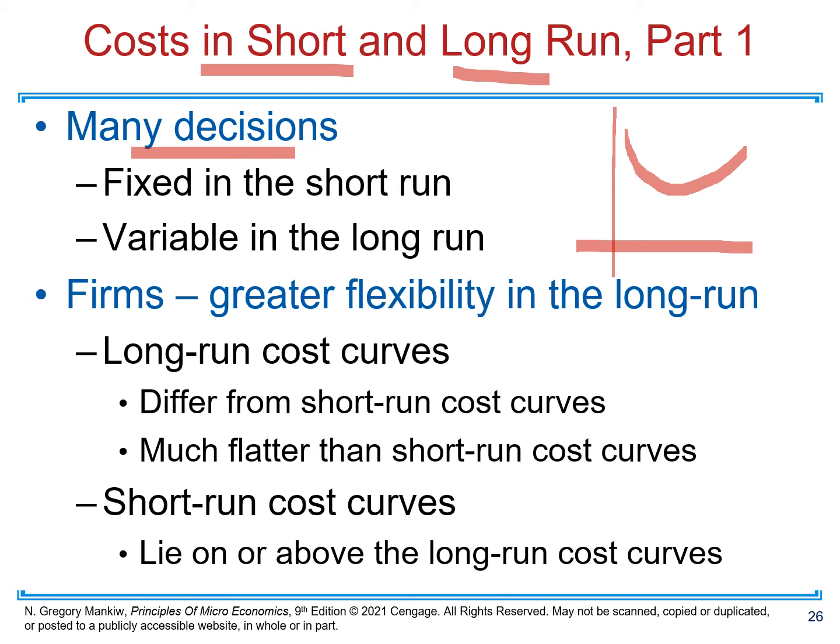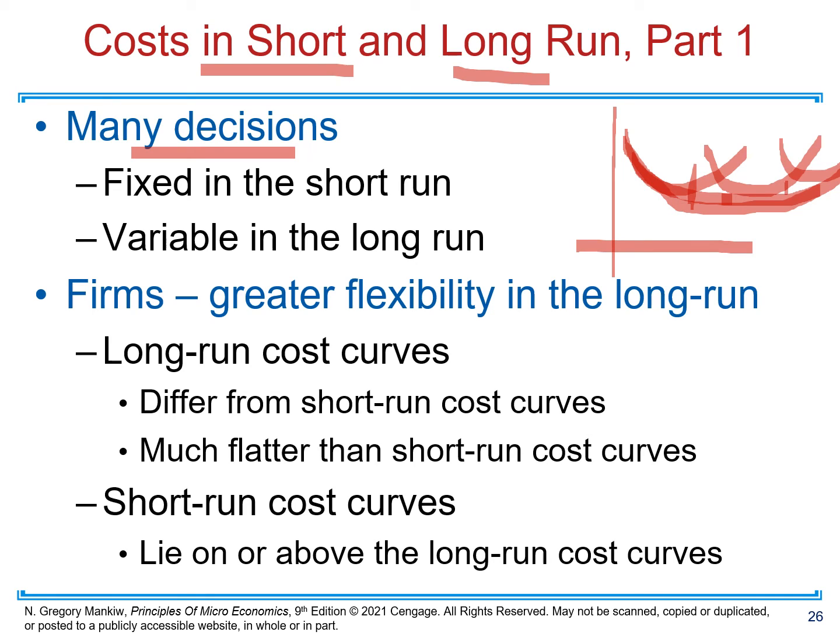Or as time goes by, it can be flatter. The long run will be like that. If they run out of space and so on, they can add another one. They can expand. This is the long run, and these are the short run.